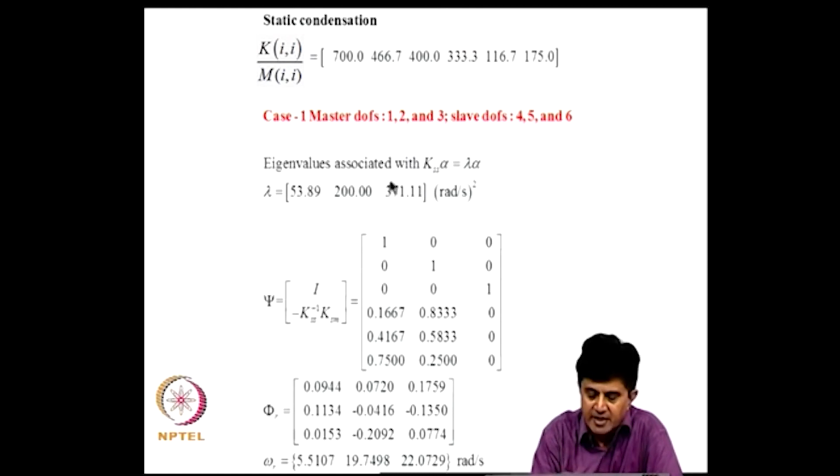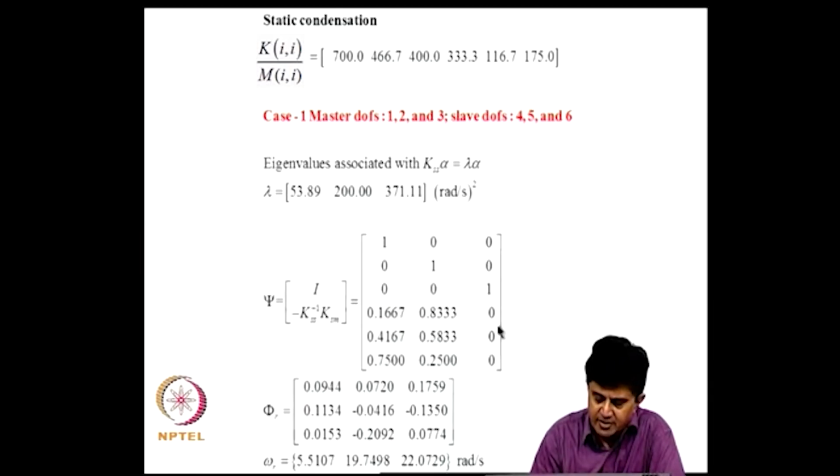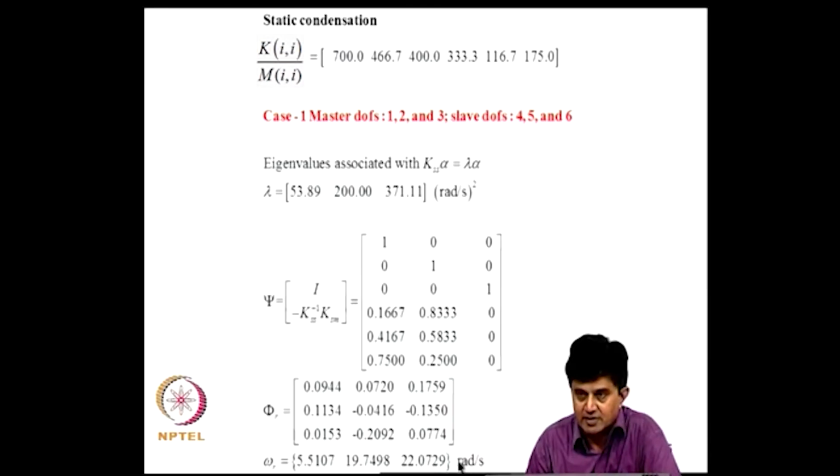Then I will perform this eigenvalue analysis, KSS alpha equal to lambda into alpha, and these are the eigenvalues. Now the psi matrix turns out to be this, and I can get the reduced mass and stiffness matrices and get the eigenvalue eigenvector matrix for the reduced system and the 3 natural frequencies.